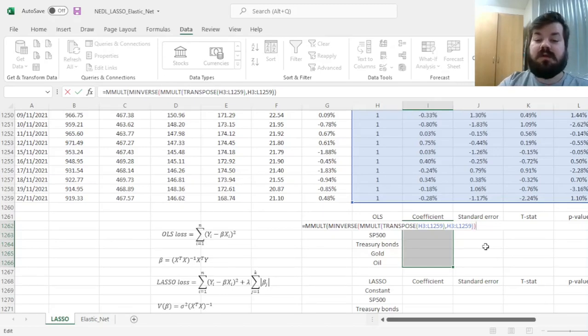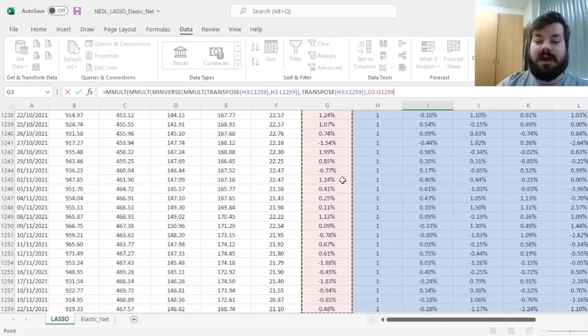Then we close the appropriate number of parentheses, and we multiply this inverse on the right by a transposed X that we have got copied already. And then we close this parentheses, and the final step that we need to take is to multiply this whole result on the right by the vector of the response variables y.